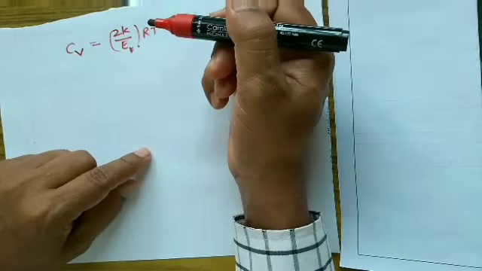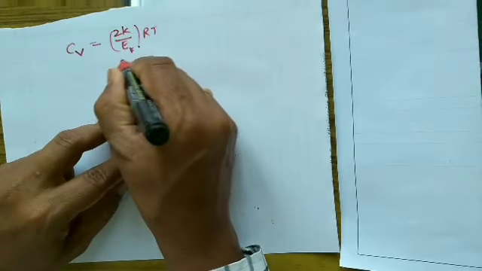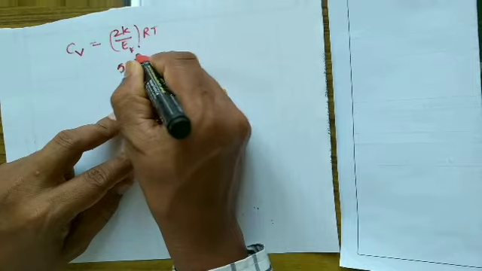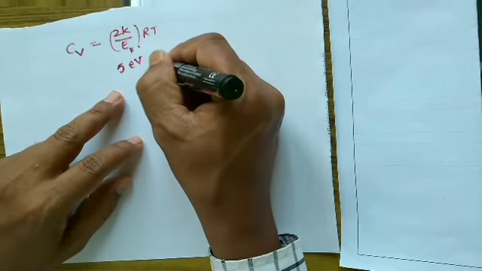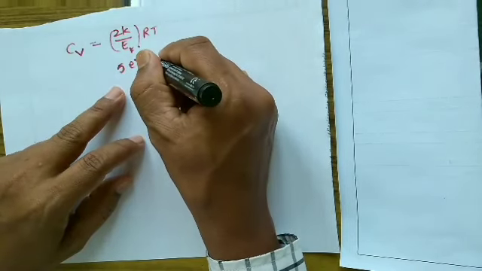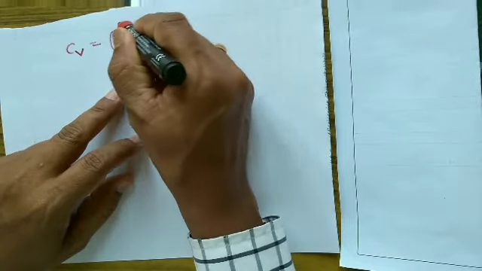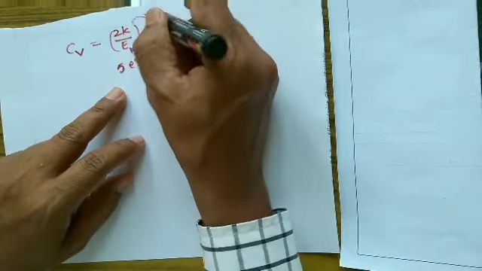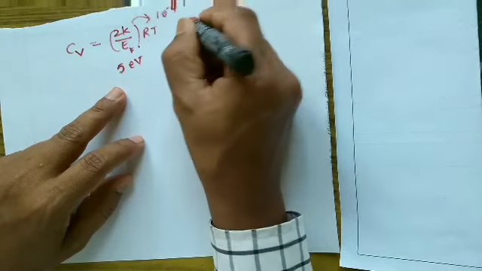By taking an approximate value of Fermi energy to be 5 electron volt, a typical value of Fermi energy for metals, it was shown that this part, that is 2K by EF, is equal to 10 power minus 4. That means Cv is 10 power minus 4 RT.